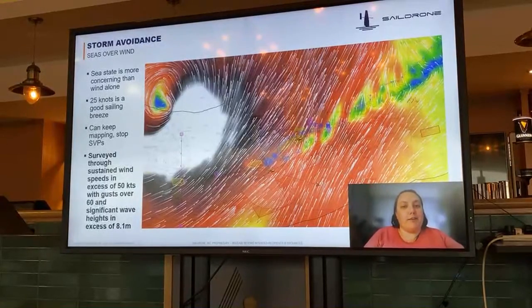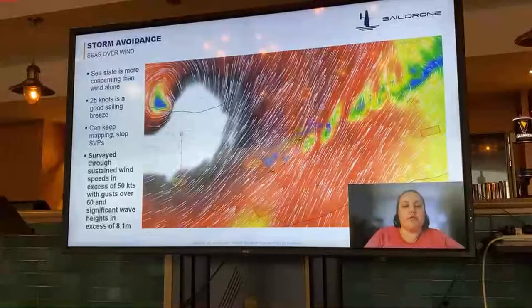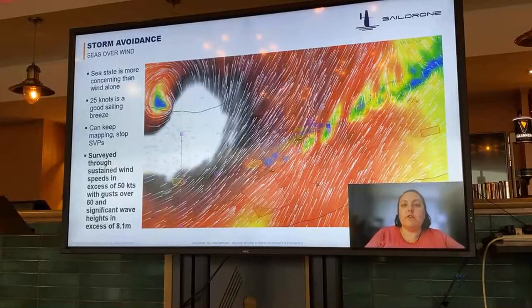Now, 25 knots is a great sailing breeze to do some mapping, so that is a really great condition for the surveyor. The sea state is really more of a consideration in terms of safety, because as you progress from one main survey line to the next, you may have to tack or jibe, and going dead downwind is not the best direction for the vehicle.